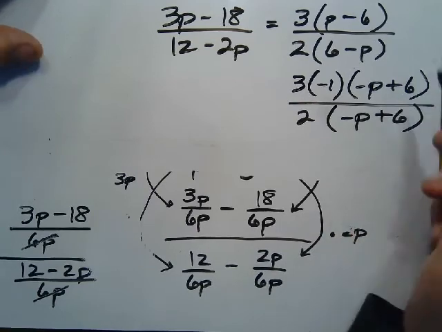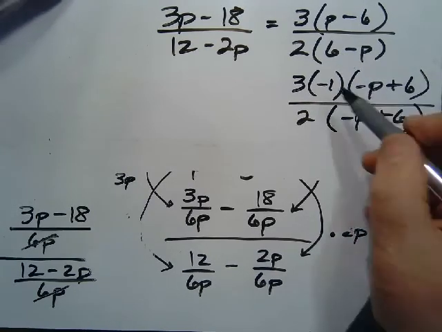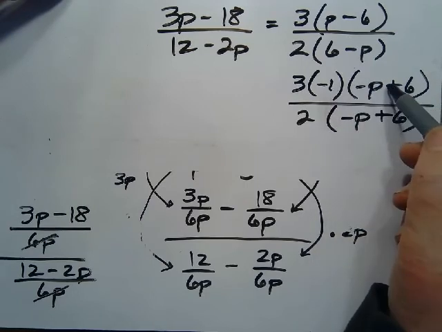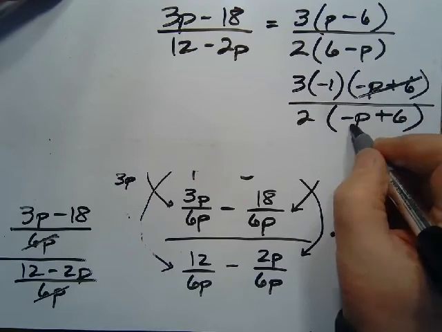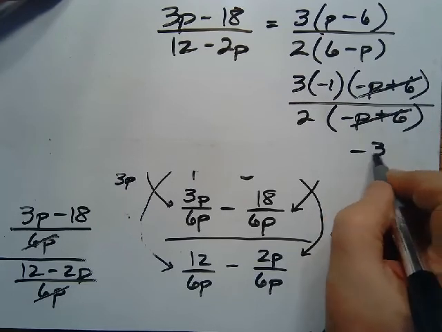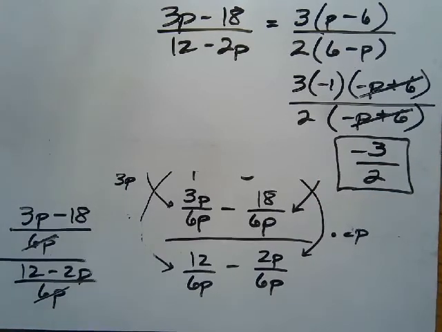I just rewrote it so they look the same. 6 minus p is the same as -p plus 6. I took a -1 out of the top because now I wanted to get these two the same. So when I cancel here, my answer is -3 over 2. My slope is -3 over 2.